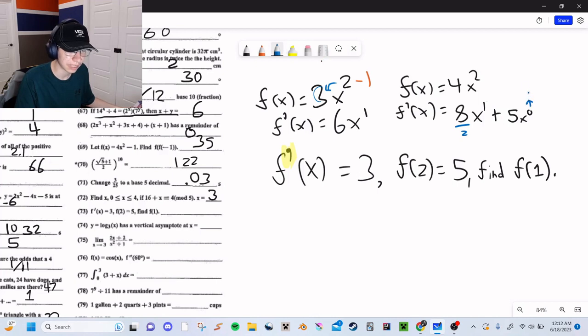And I know the next power is 1, so I'm going to divide this by 1. So that's going to be plus 5x to the first, or just 5x. Because I'd have no way of knowing if there even was a constant term or not, we always put plus c when we do this reverse derivative, this antiderivative.